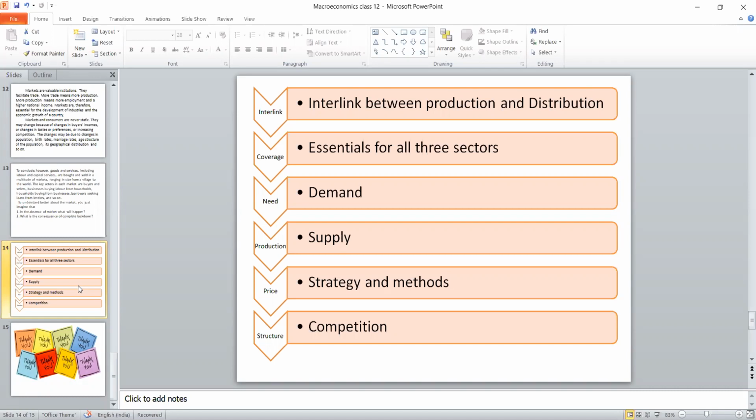What types of market are there? The basic classification is perfect competition and imperfect competition. For that, there are different price strategies. Based on that competition, we classify further into monopoly, oligopoly, monopolistic, perfect competition, pure competition, and duopoly market. All these things are competition-based markets. So these 6 are considered as the scope of market in macroeconomics.